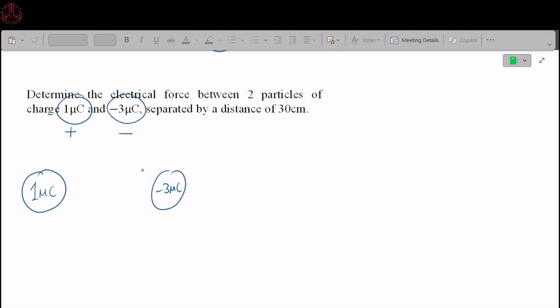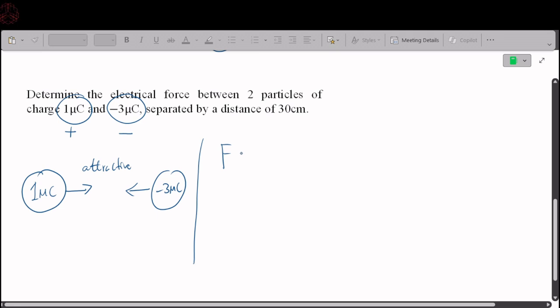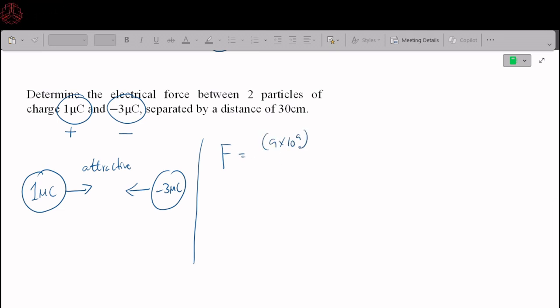As we've learned from a very young age, if we have opposite charges, they are going to be attractive. Because we have maintained the values 1 and 3, the magnitude of the electrical force is going to be the same as the previous question. But let's just calculate it out.